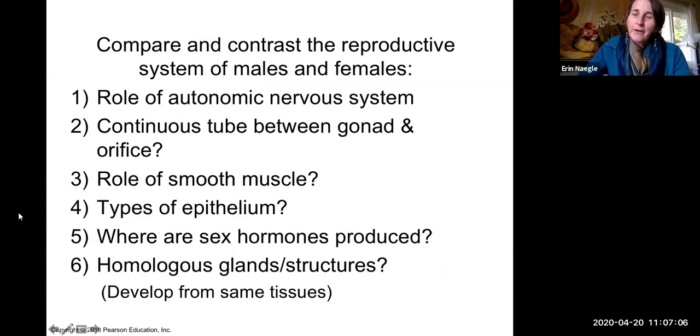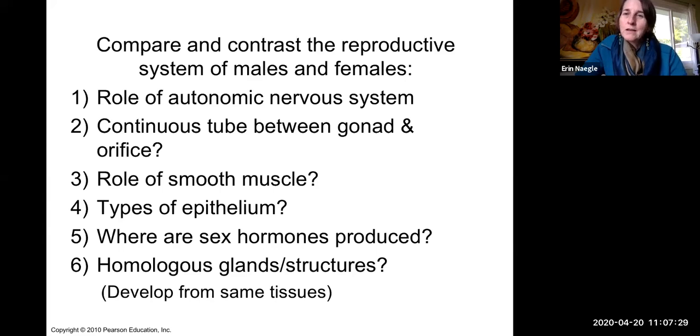So as you think about what you've learned about the male and female reproductive systems, here's a potential short answer question for you to consider for your assessment in comparing and contrasting the reproductive systems of males and females. Think about, what's the role of the autonomic nervous system? How is that similar, perhaps different in males versus females?